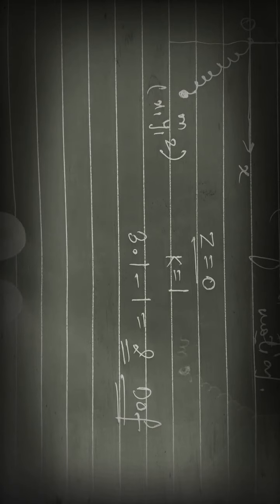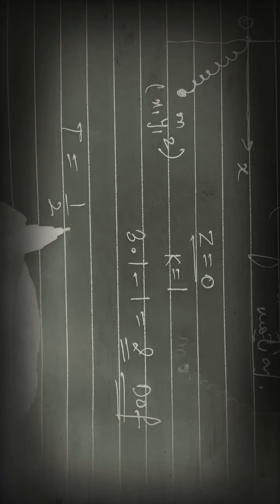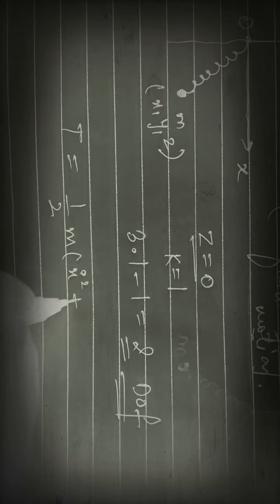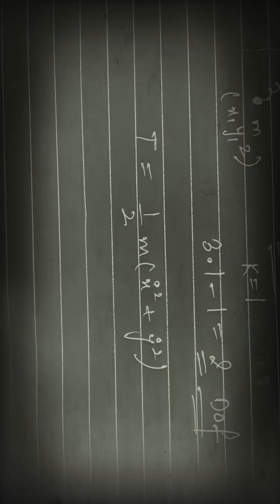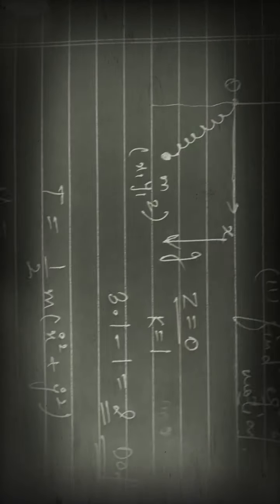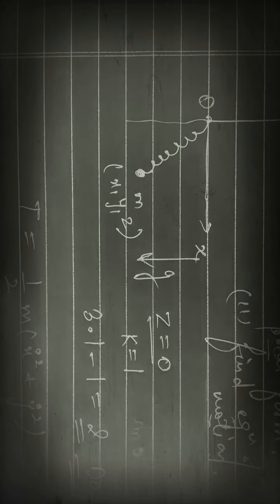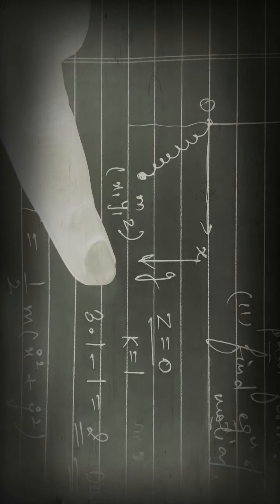Now T will be half m times x dot square plus y dot square. This will be T in the simple Cartesian coordinate system. Here we will discuss two types of potentials: one due to the spring and the other due to the height, mgh.